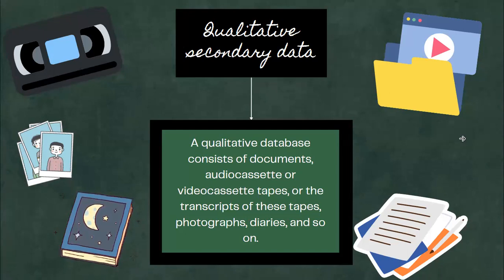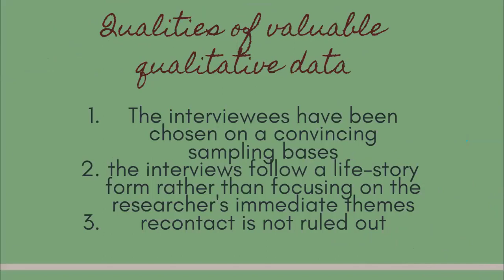So what I was saying, qualitative secondary data consists of documents, audio cassettes, tapes, transcripts, photographs, diaries, and so on. Now, here are some qualities of valuable qualitative data. The first one is that the interviewees have been chosen on a convincing sampling basis.